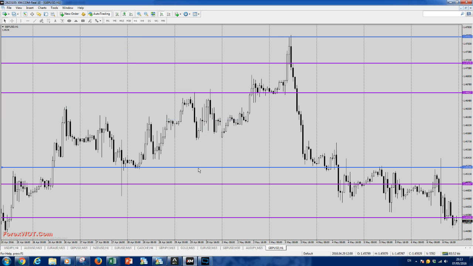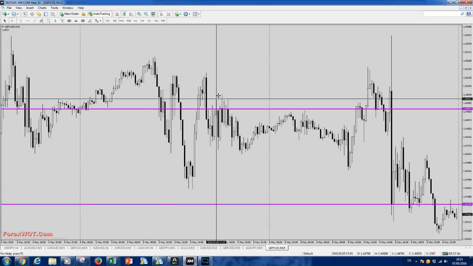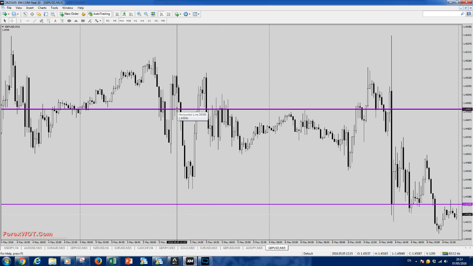So this is just using the GBP/USD on the 1 hour charts. We can have a look at how these lines reacted on the 30-minute charts, or 15 even. You can see they do react quite a lot.